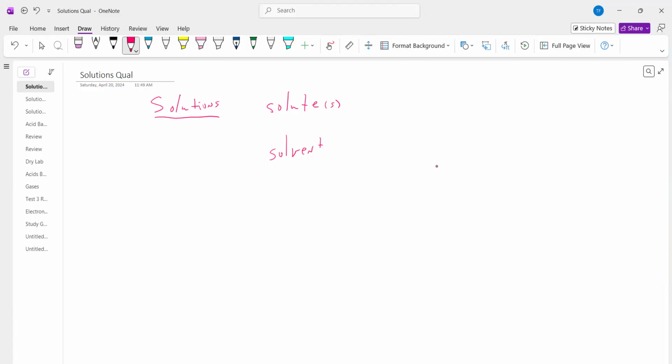Okay, so how do you tell the difference between solvent and solute? One is more than the other. So solvent is greater than 50%. The combination of solutes, whether it's 1 or 10, is less than 50%.